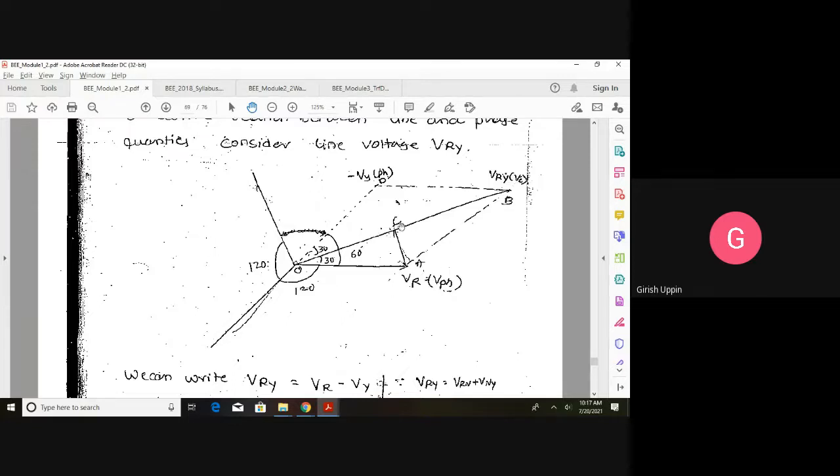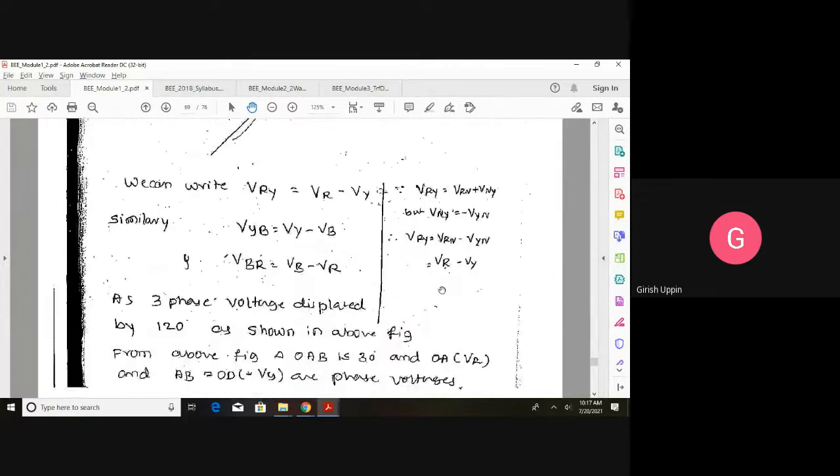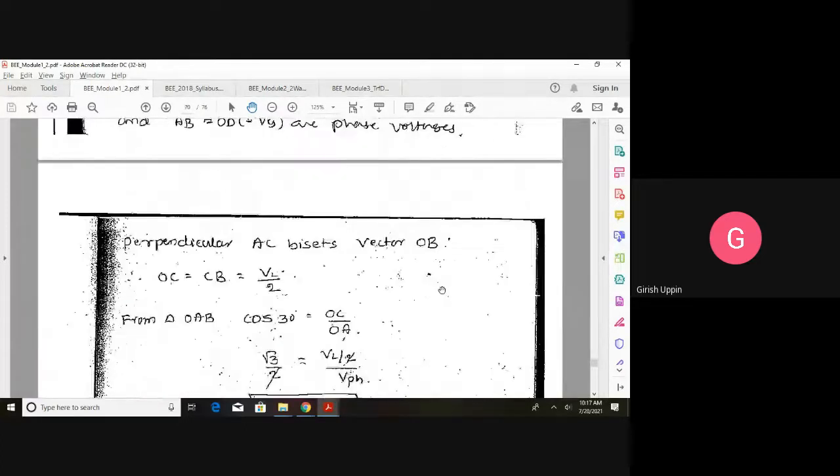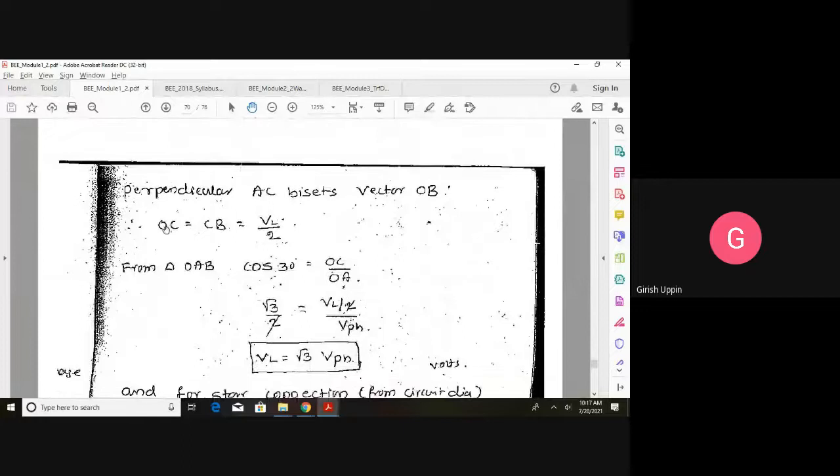If we consider this triangle OCA, here is OC. We have drawn a perpendicular from this line which will exactly bisect this particular line. So what would be OC? OC is equal to VL divided by 2. What is OA? OA is equal to VR, which is equal to V phase. From that triangle, OC is equal to CB because the perpendicular AC bisects the vector OB.